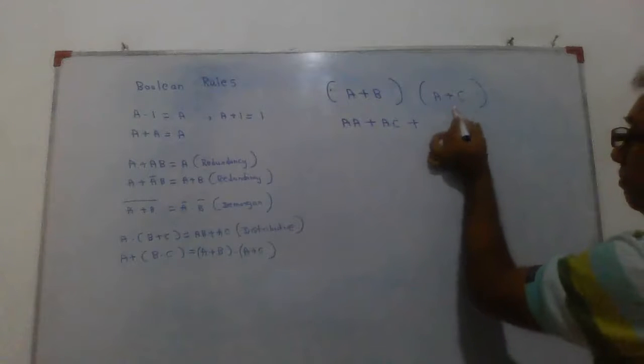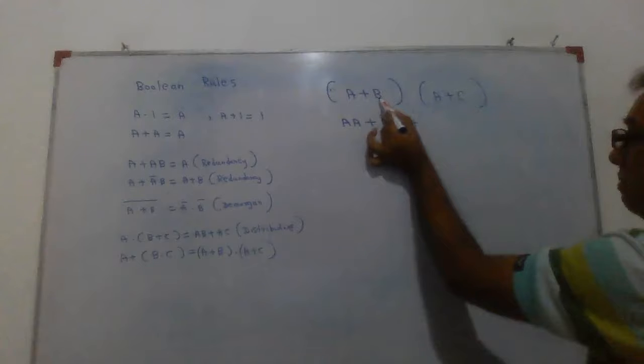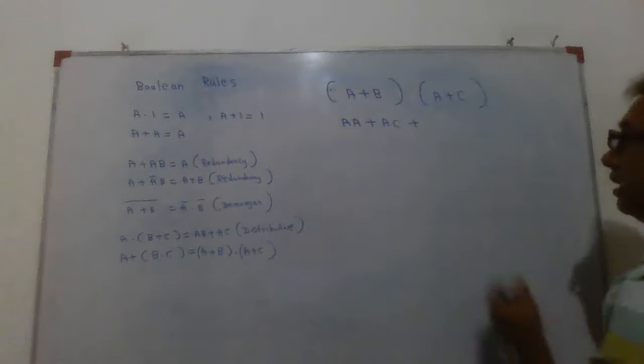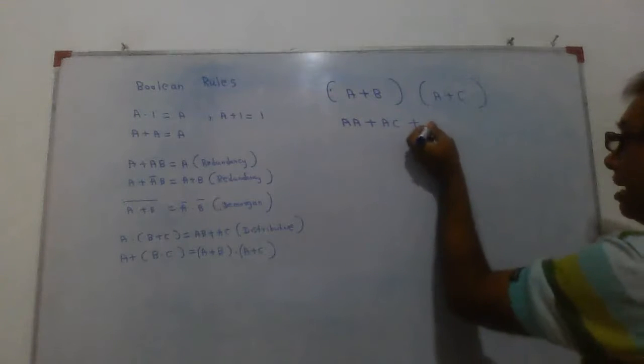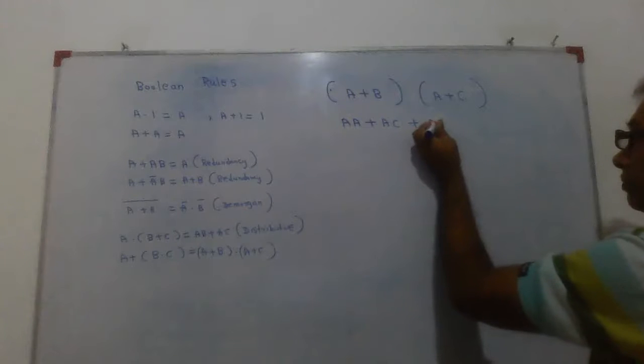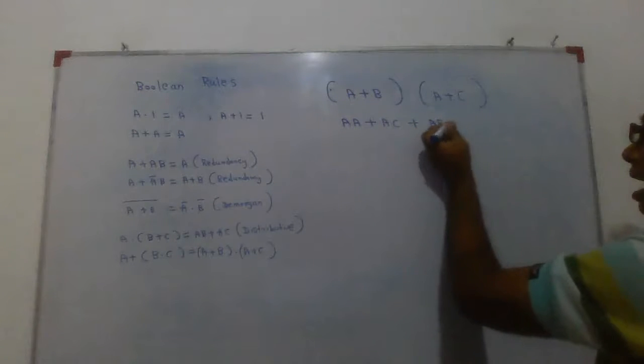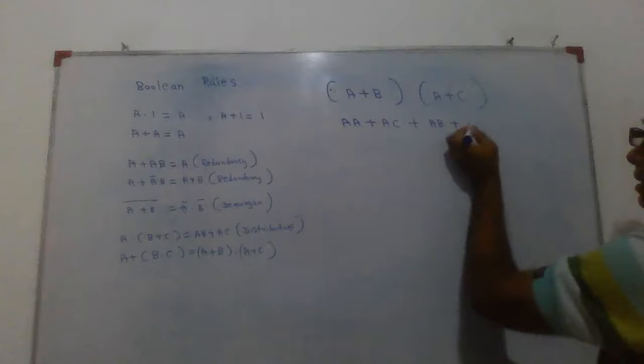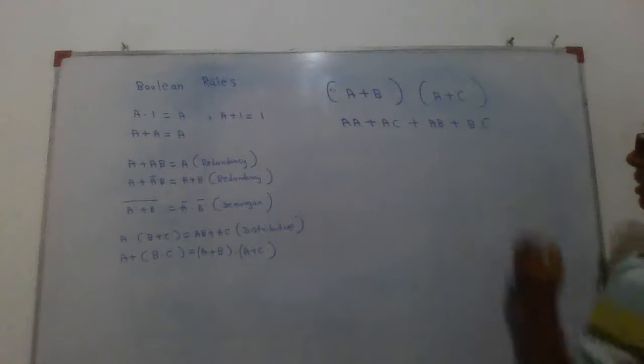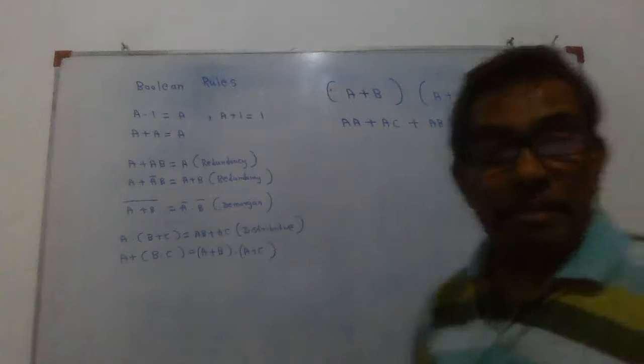But this expression should be multiplied by B: B and A, you can say BA, otherwise AB, and B and C.